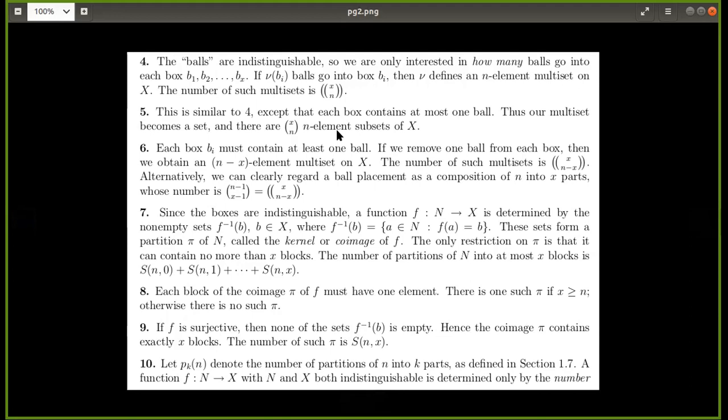But since the elements of n are indistinguishable, which element gets attached does not make a difference. So no matter what happens, you just partition your X boxes into n many places, and then I will put my balls there in whatever way I like. And that is exactly done in X multi-choose n many ways.